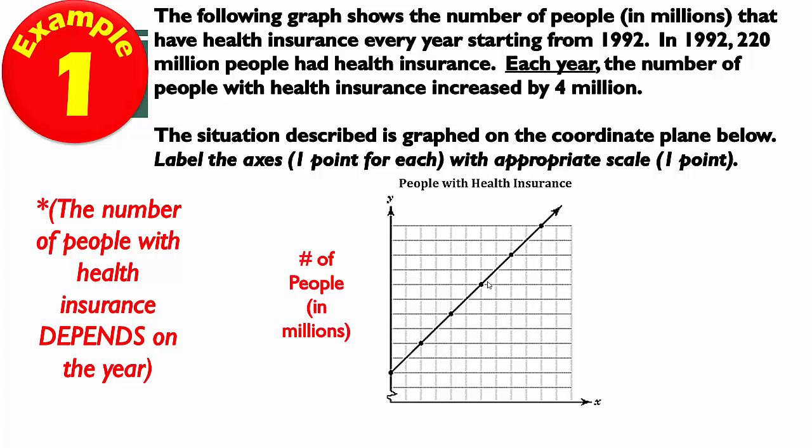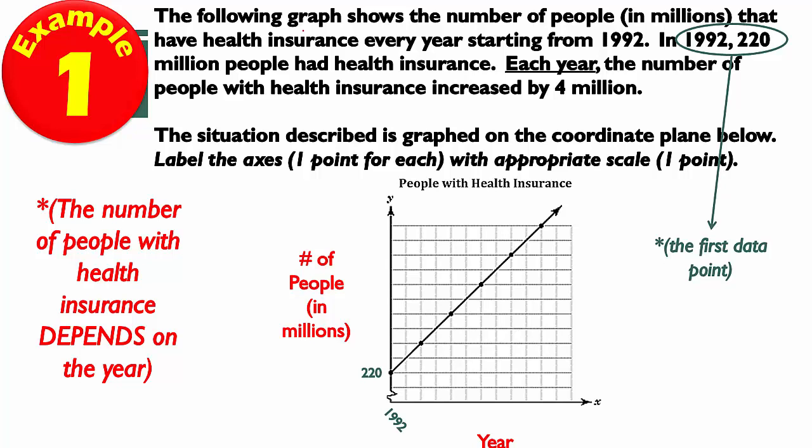So the number of people in millions would be your dependent variable, or your y-axis, and the year would be your x-axis. Our graph starts at 1992, and it tells us in 92, 220 million people had health insurance. So that's our first data point, 1992 for our x and 220 for our y.